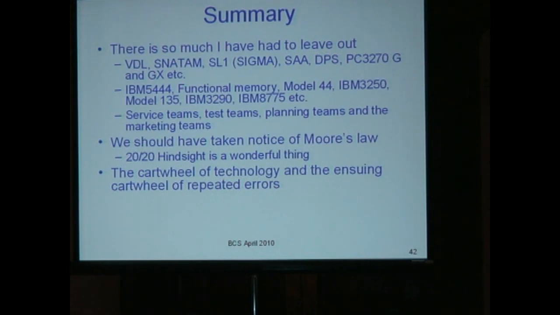So that was a Hursley thing. 3250 was a vector box, vector graphics box. 135 was the next series of 370s. 3290 was the first flat panel, gas panelled terminal. Orange. You had four windows. Really nice box to use.